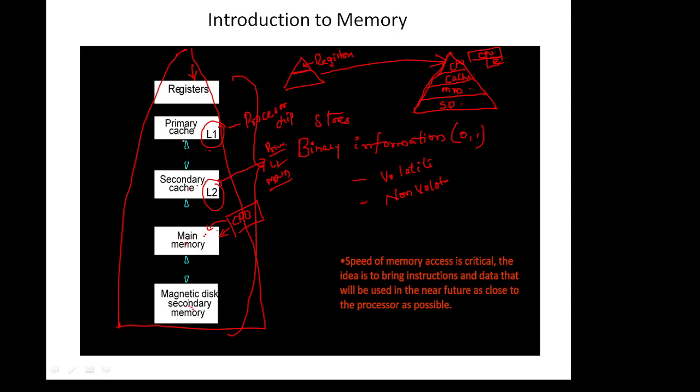As I have said, this memory is just like a human brain. Why am I saying that it is like a human brain? Because it is used to store data and instructions. In our brain also we store some instructions.